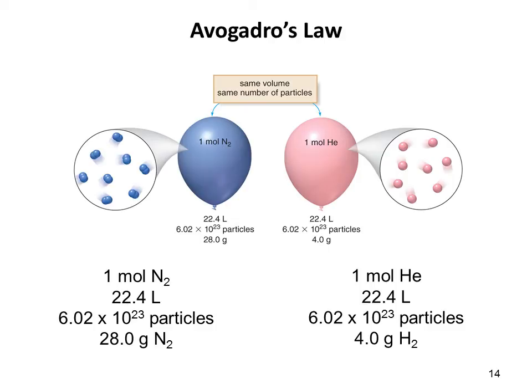Whereas for helium, the density would be 4 divided by 22.4, which would give you 0.18 grams per liter. And from those densities, you can see why a balloon full of helium will rise in the atmosphere and a balloon full of nitrogen will not rise. It actually sinks because the balloon material has greater density than that of nitrogen.